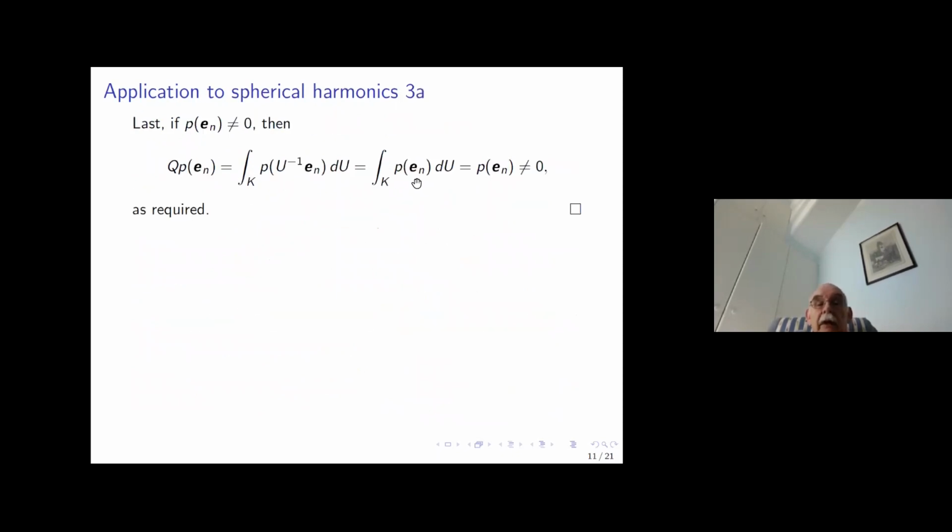So this is the same as En, and so that's P of En, which I assumed was non-zero. So I'm getting a new polynomial that is not 0 at En, so it's not a zero function.